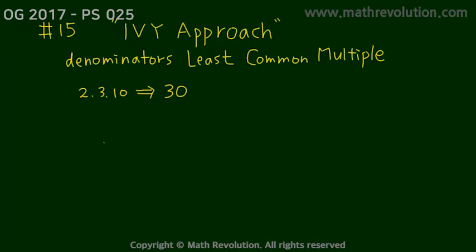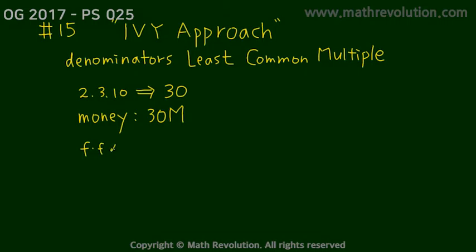Now John spent a certain amount of money in a supermarket, so let's call the total amount of money he spent 30M. Because whatever amount of money he had in the beginning, it will be divisible by 30, because that's the least common multiple of the denominators, right?